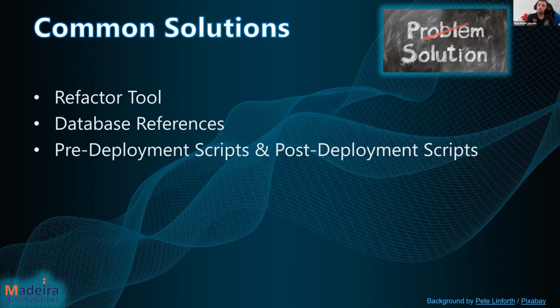And there are also pre-deployment scripts that you can use for all kinds of edge cases. For example, maybe you want to make some kind of data change before you actually start making changes to your schema. I could think of, for example, maybe you have a global configuration table.